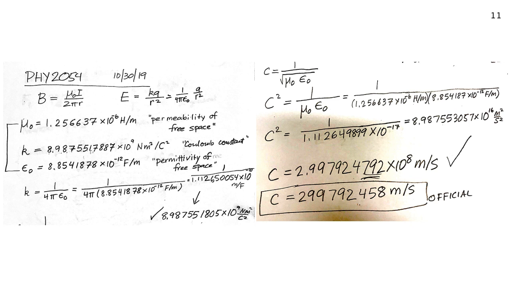What formula do you know from geometry class that has a 2 pi in it? Circumference of the circle, 2 pi r. All right. What formula do you know from geometry class that has a 4 pi in it?